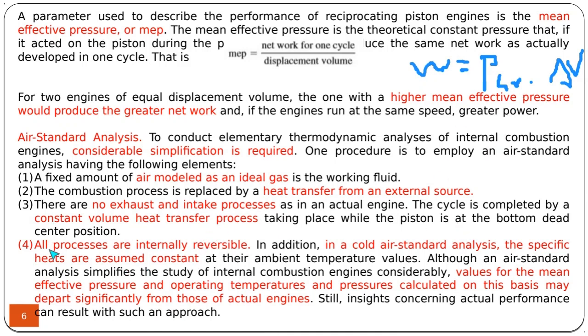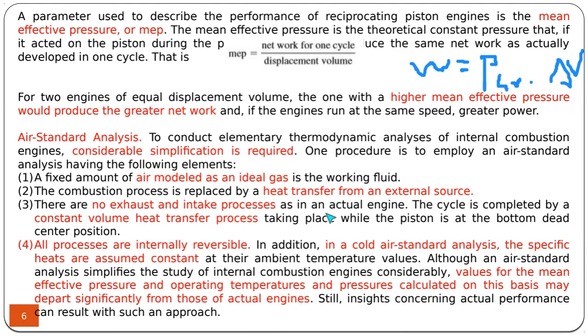The second approach is cold air standard. So the first one is air standard. The second one is cold air standard. In the cold air standard, we assume that the specific heats throughout the cycles, throughout the processes are constant, so that we can use the constant specific heat approach, taking the specific heat to be the same for all the processes, even though this gives wrong, unrealistic results.